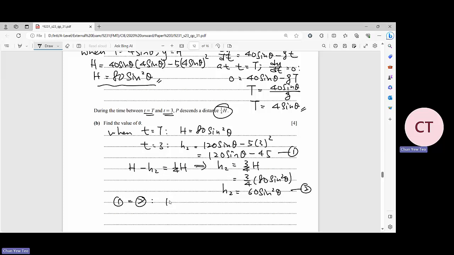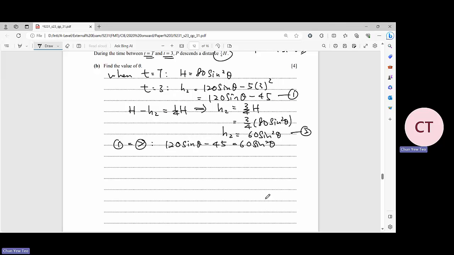You have 120 sine theta minus 45 equal to 60 sine squared theta. All can be divided by 15. Divided by 15, you have 4 sine squared theta minus 120 divided by 15, 8 sine theta, plus 3 equal to 0.